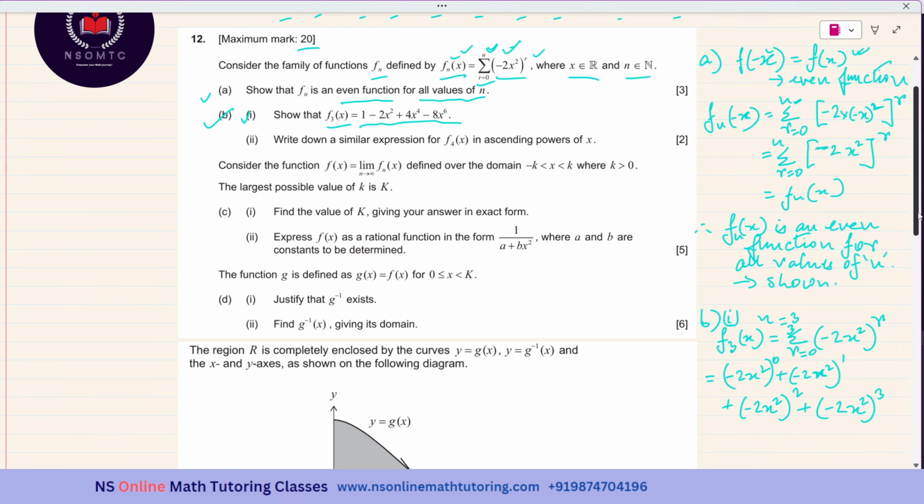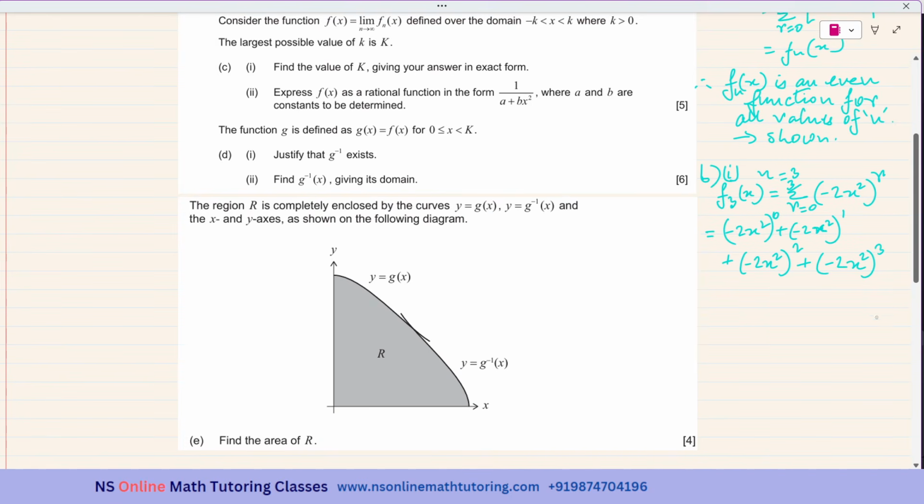Okay, last value of r will be equal to 3.